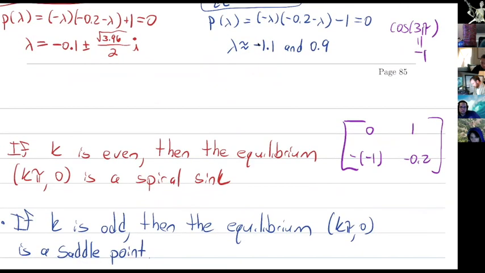So when you have an odd one, the cosine is actually negative, so you have a negative times a negative over here.